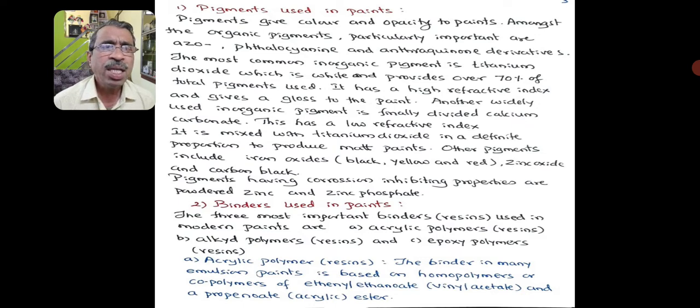Acrylic polymers are the binder in many emulsion paints, and are based on homopolymers or copolymers of ethenyl ethanoate, that is vinyl acetate, and propenoate esters, that is acrylic esters.